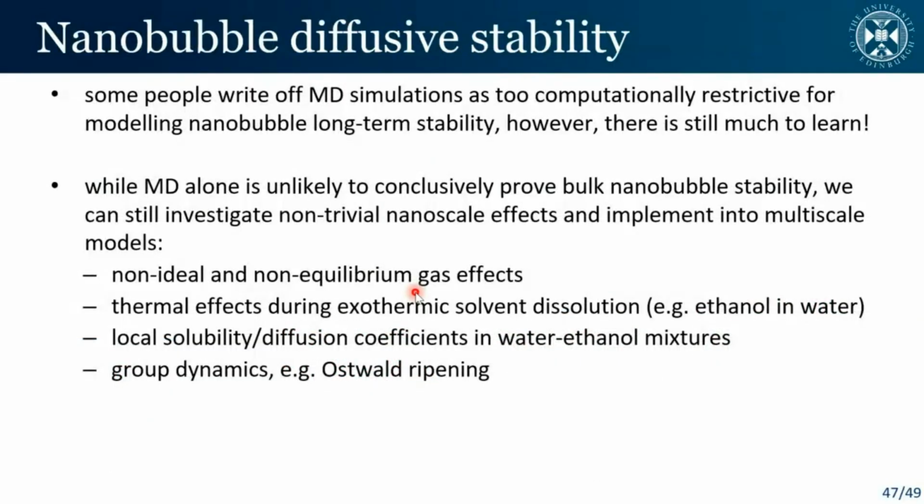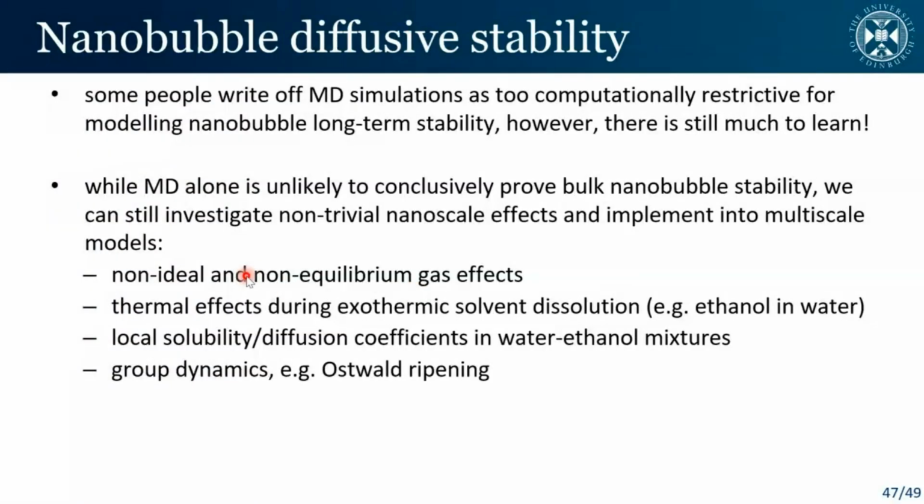Some people then seem to write off molecular dynamics as being too computationally restrictive for modeling nanobubble stability. However, I believe there's still much to learn. While we're unlikely to conclusively prove bulk nanobubble stability through a single simulation, we can still investigate some non-trivial nanoscale effects and then implement these into multi-scale models, which might still yield a conclusive or well-accepted argument for nanobubble stability.